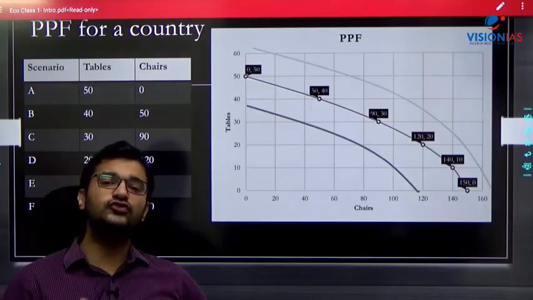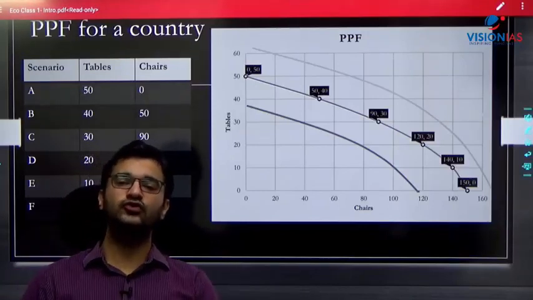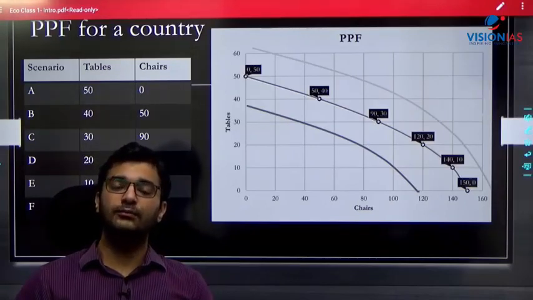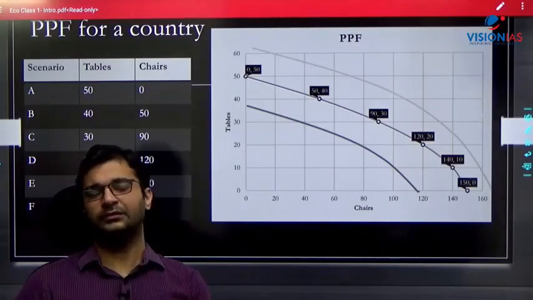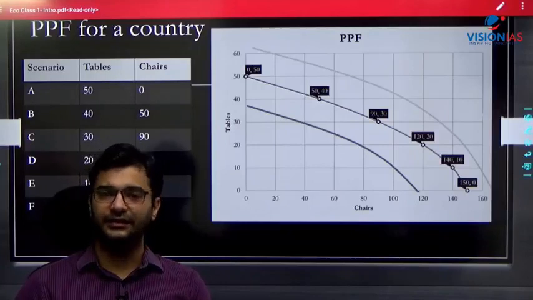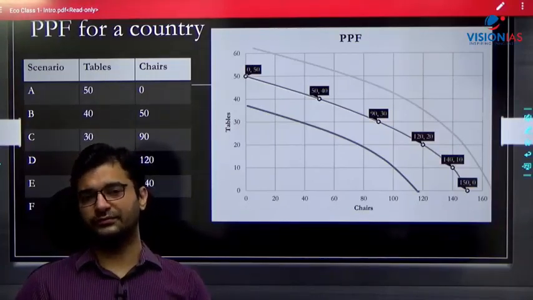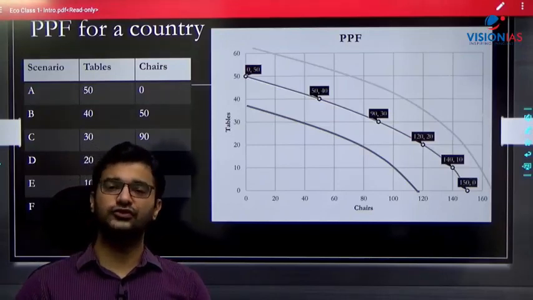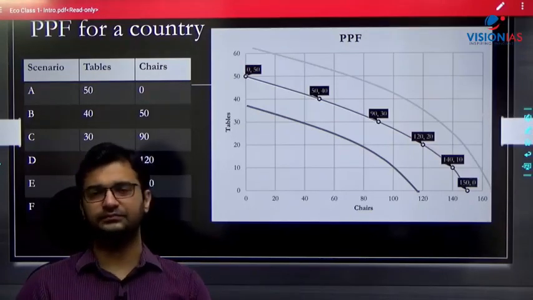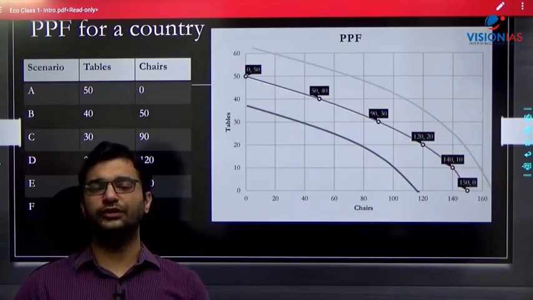Marginal cost is in terms of the resource used to produce one more unit of output.